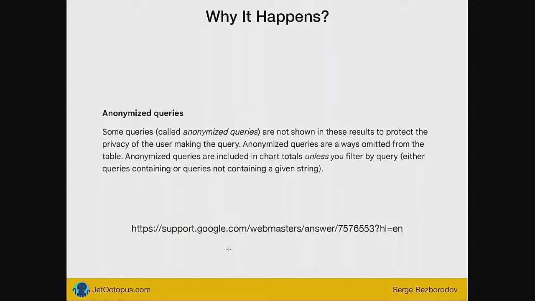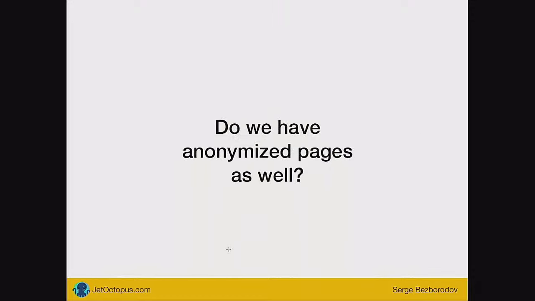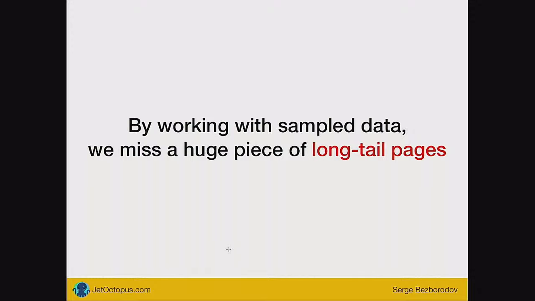Why doesn't it return data for pages? Do we have anonymized pages as well? So what happens? If you analyze your top pages, which have thousands or millions of impressions per month, per day, whatever, you're safe. The data will be correct.